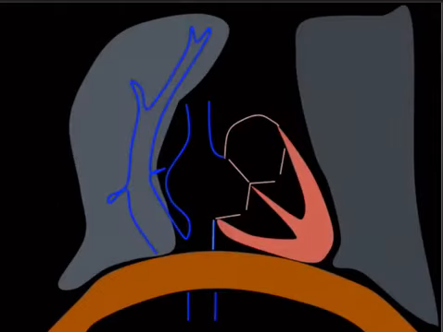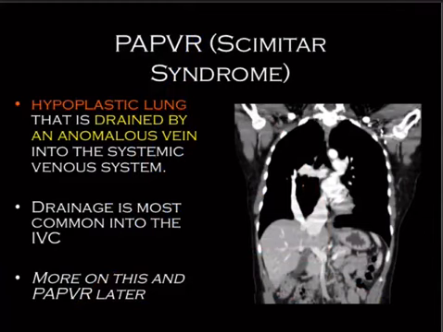It's something sort of like this, where you've got this large abnormal pulmonary vein draining into the IVC or the systemic circulation, and you've got a hypoplastic lung. So this is actually a partial anomalous pulmonary venous return. Partial with a P, not total with a T, and it is a very classic appearance. So I will talk about PAPVR a little bit more later on in the lecture.